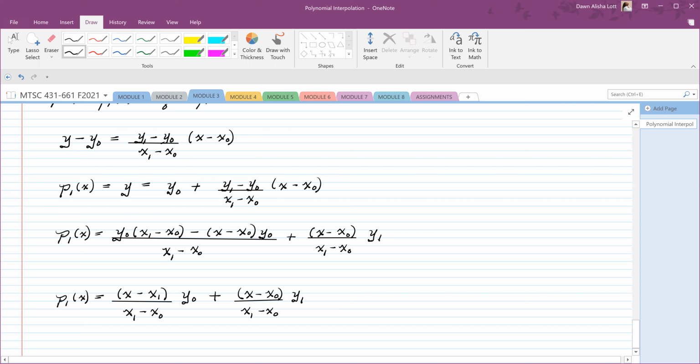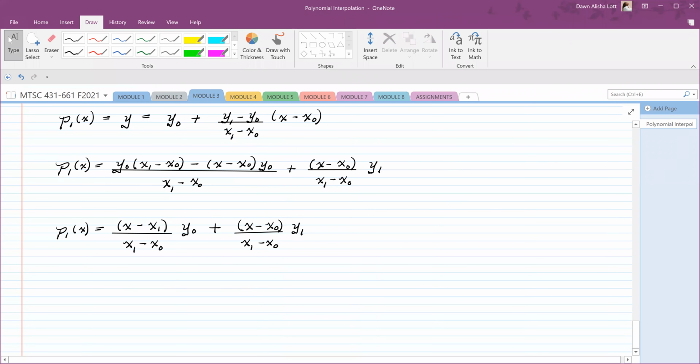Okay, I think I see a little formula there. In the first one, I have x minus x1, but I multiply by y naught. In the second one, I have x minus x naught, I multiply by y1. Oh, that looks pretty good.